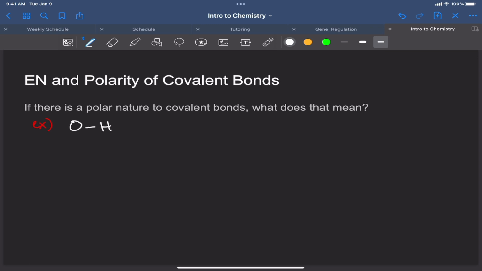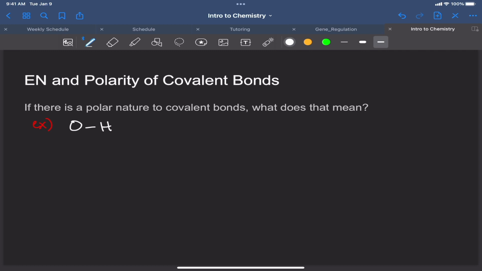There is a different sort of nature to the notebook, right? There's almost a polarity. One side is more concentrated than the other. You have more in the notebook than I do. So that's what's happening in a polar bond.